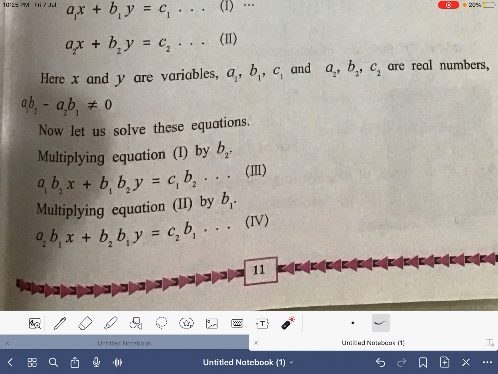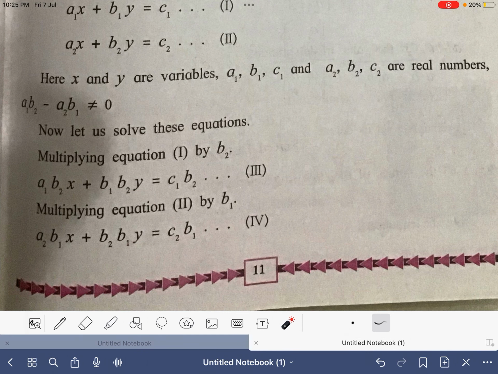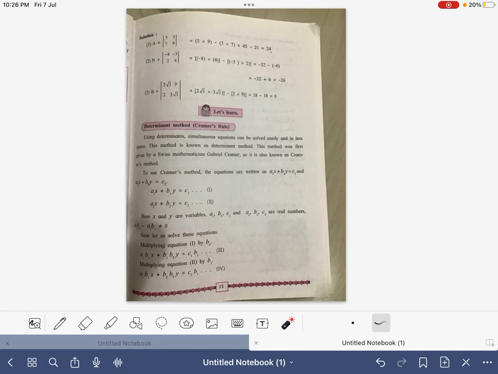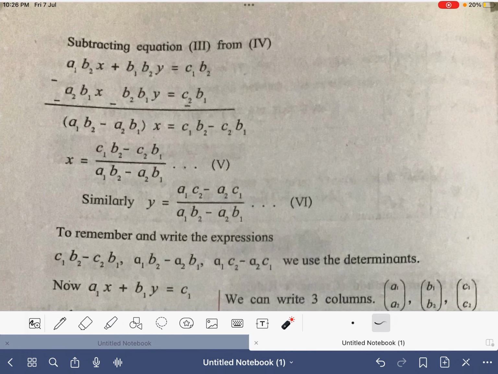So to eliminate y we simply subtract the equations. What is our next step? Take the subtraction of equation 3 and equation 4. Then you will eliminate the term y and you will get an answer for x.